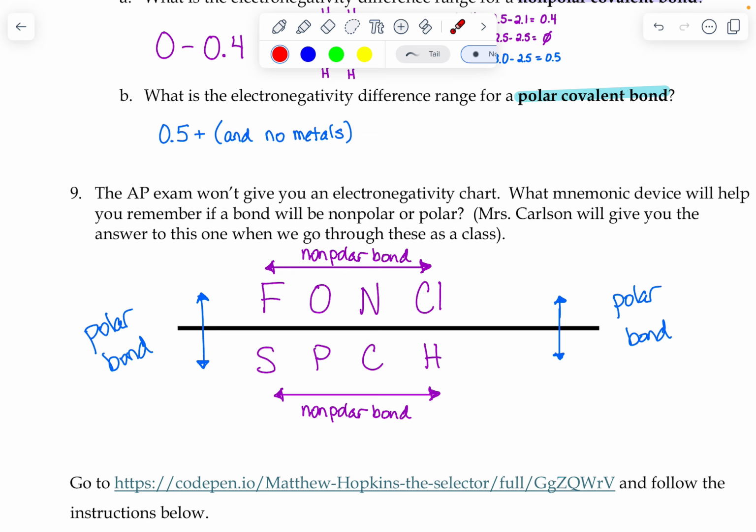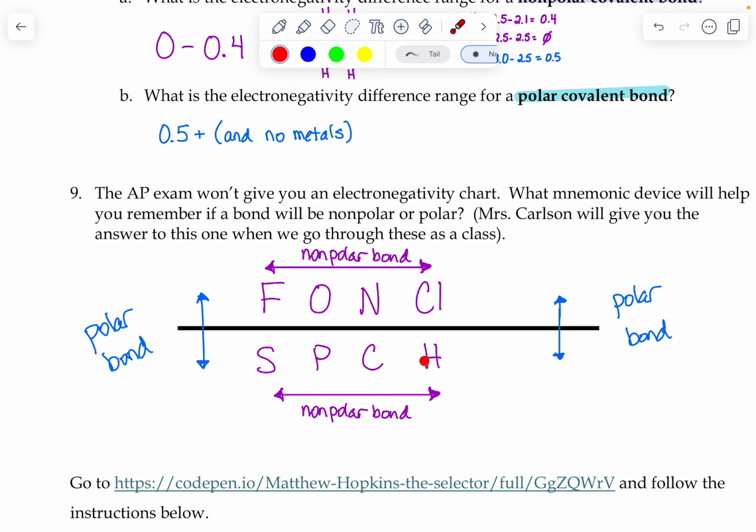Similarly, down below, as long as you're going left to right, so sulfur to carbon, phosphorus to hydrogen, carbon to hydrogen, the electronegativity differences would be very small, so a nonpolar bond.